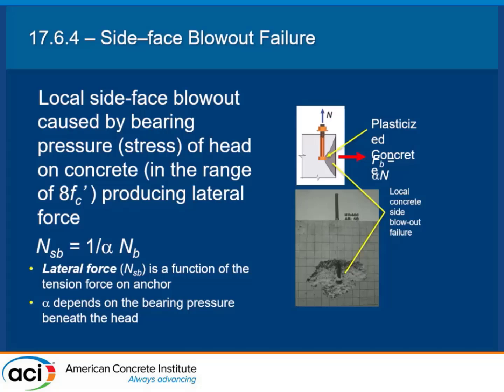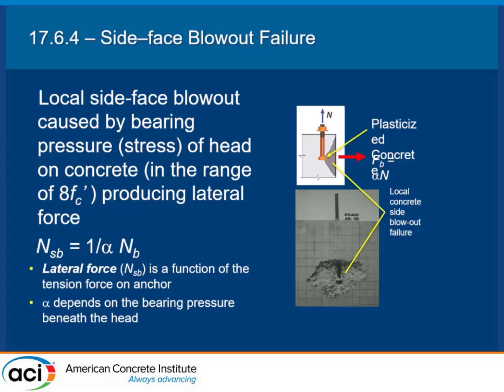I think you're creating a lot of tension in the concrete right underneath here as you put a lot of compression here due to the tension force going up here. And those tension stresses have got to dissipate. And if they get really close to the edge, I think what happens is you get this blowout. And that's kind of what's happening here.